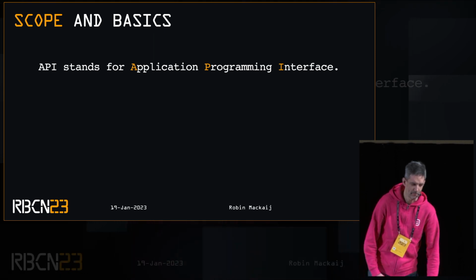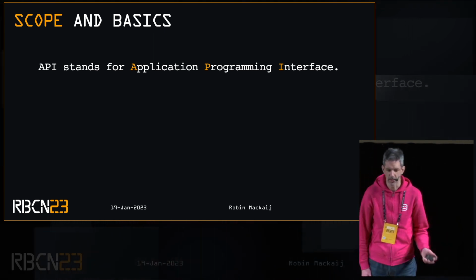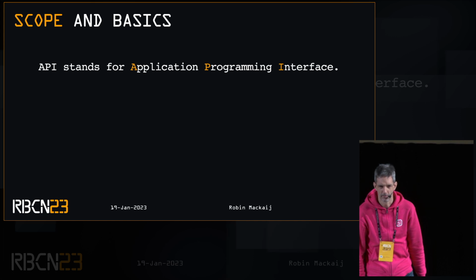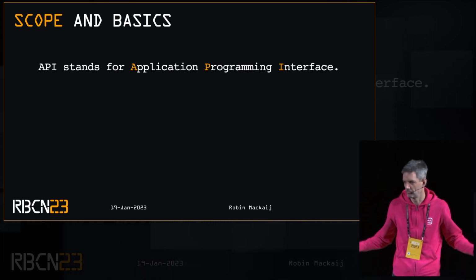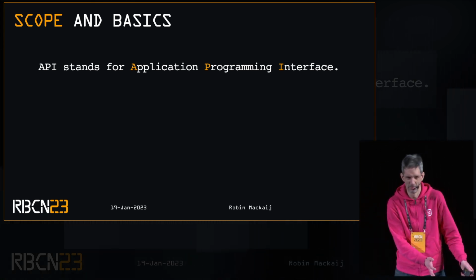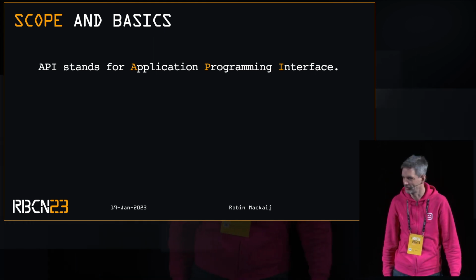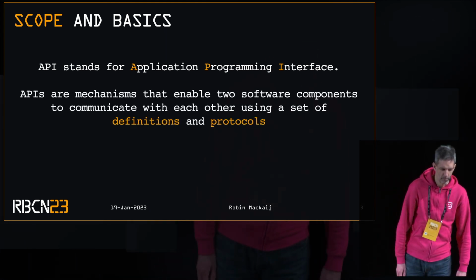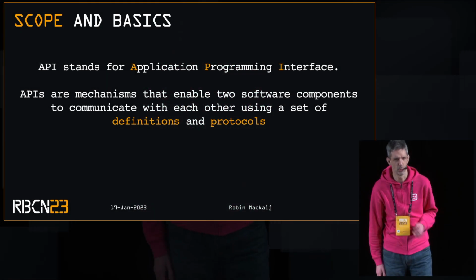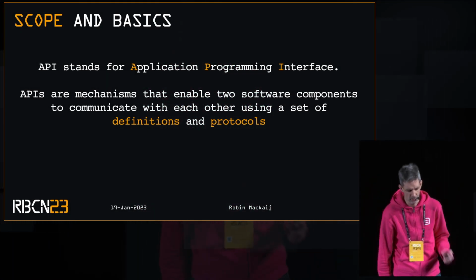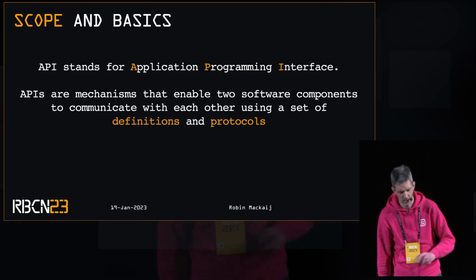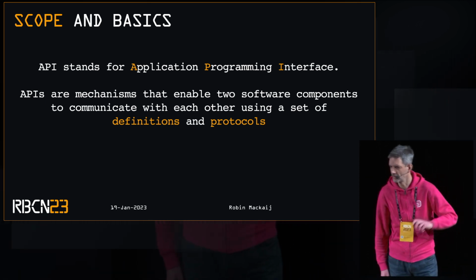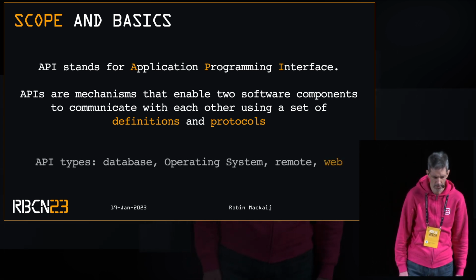So, API, Application Programming Interface. Did we know this? Yeah, I think so, right? What's important to realize is that it's about two software components, two machines, talking to each other. And to do that, we have definitions and protocols. The protocols we'll see in a bit.